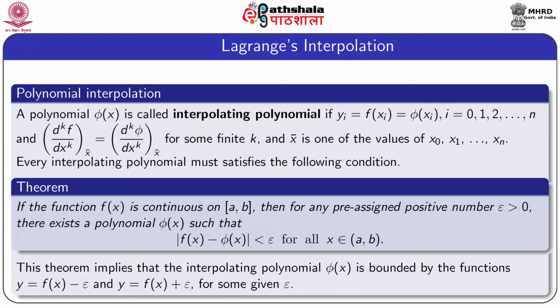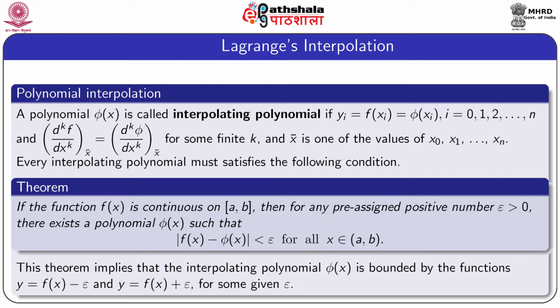That means phi of x approximates the given function f of x, and the value of the function at x i and the value of the polynomial at the same point x i must be equal. This condition should be satisfied for all values of i equal to 0, 1 up to n.